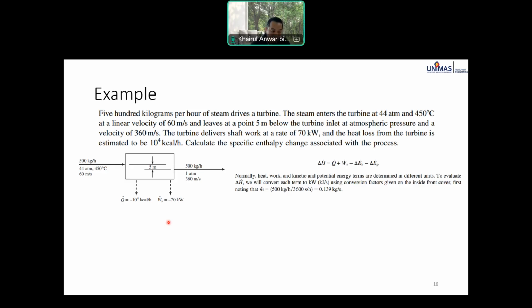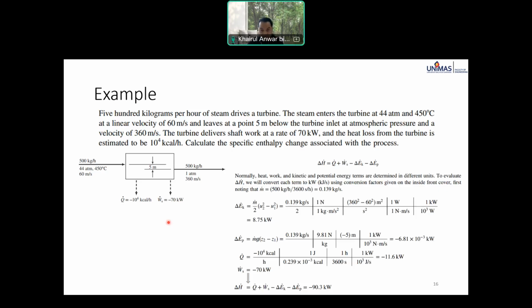First, the mass flow rate m equals 100 kg per hour divided by 3,600 seconds per hour. So m equals 0.0278 kg per second.